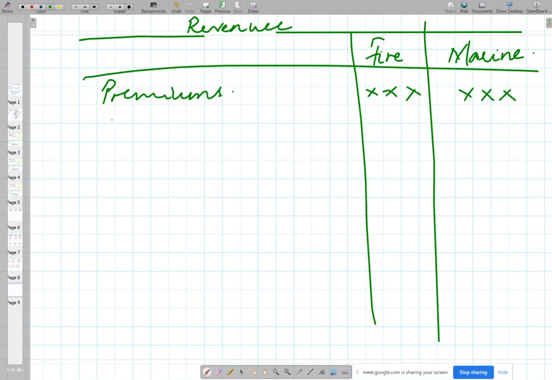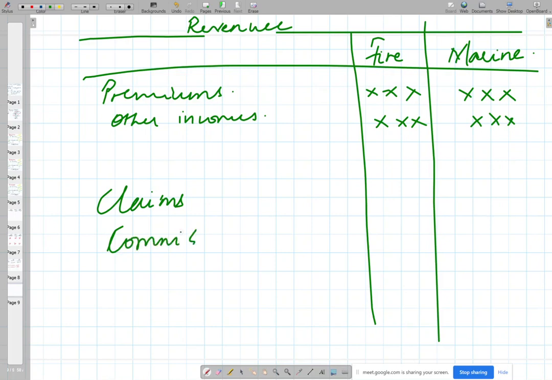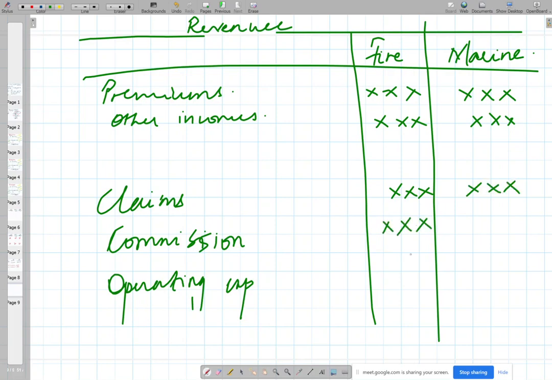Then any other types of incomes, and any other reserves. So fire and marine, we write separately. Instead of preparing two different revenue accounts for fire and marine, we will prepare one and show different columns depicting the amounts for each one. Same way expenses like claims and commission and all other operating expenses of that particular department, we are going to show according to each one's columns. Is that clear? So this is what revenue account means.